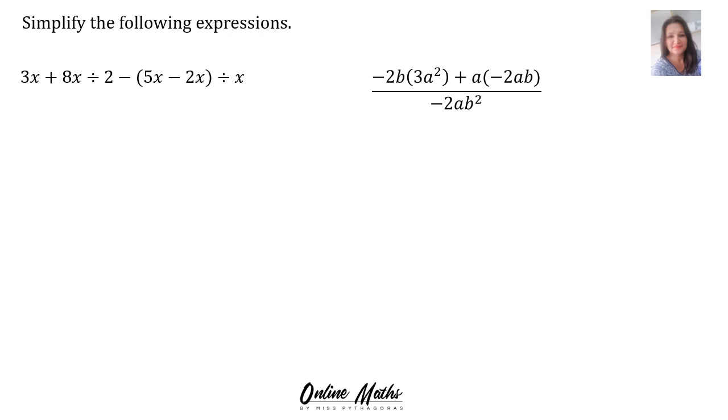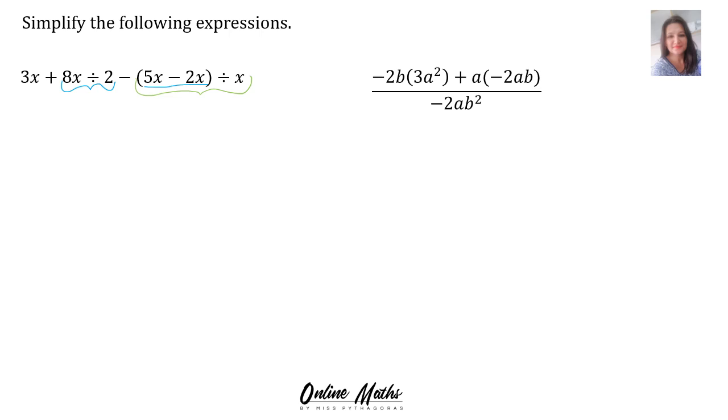Let's look at the next two examples. We have to simplify the following expressions. Now, there's a very important thing that you must keep in mind, and that is terms are separated by plus and minus and joined by multiplication and division and brackets. So the 5x minus 2x is joined with the bracket, but then that divide x joins them together like that.